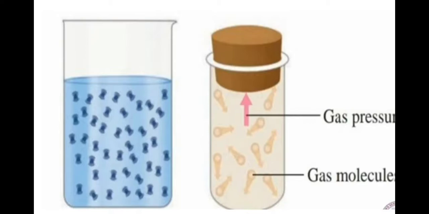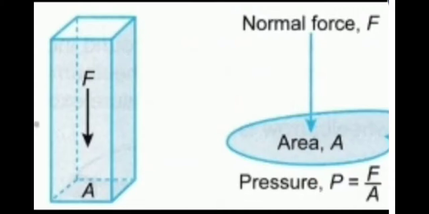Since the molecules of a fluid are in constant rapid motion, particles are likely to move equally in any direction. Therefore, the pressure exerted by the fluid acts on an object from all directions.